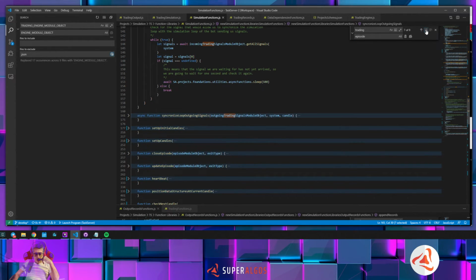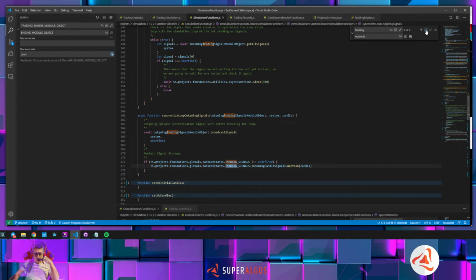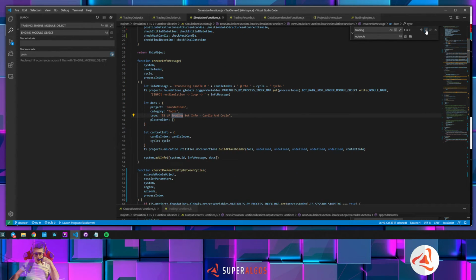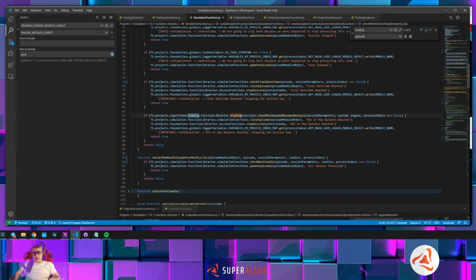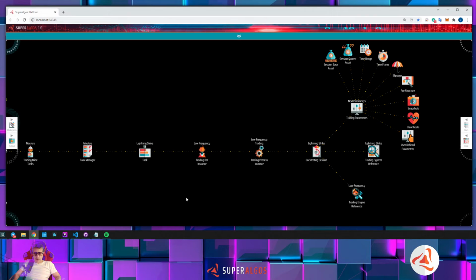Signals are trading, yes. Trading signals no matter what. And we are here. Okay, so let's test this because it looks like we finished.